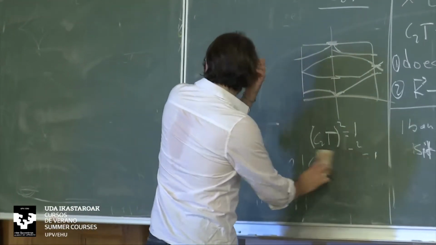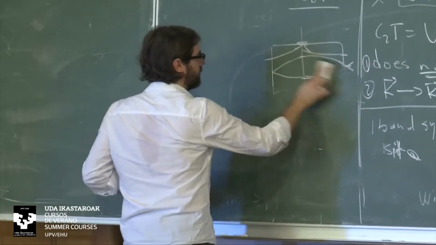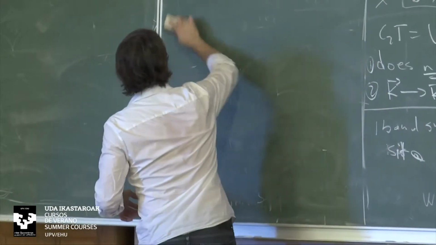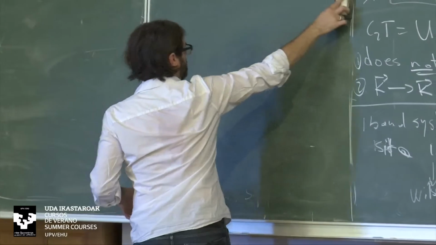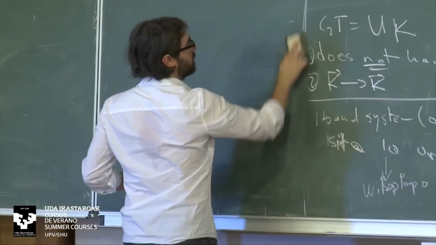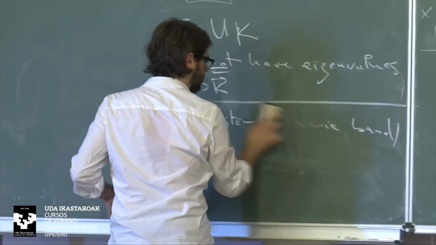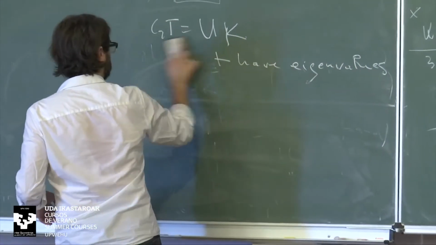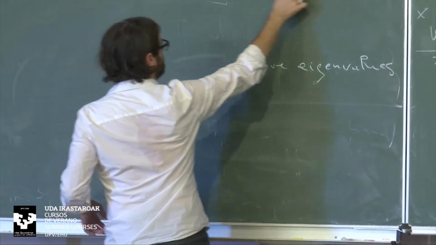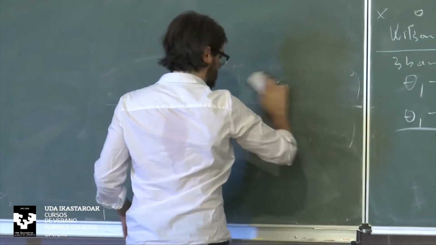So now we're going to go to 2 dimensions, and look at the C2T invariant system in 2 dimensions.